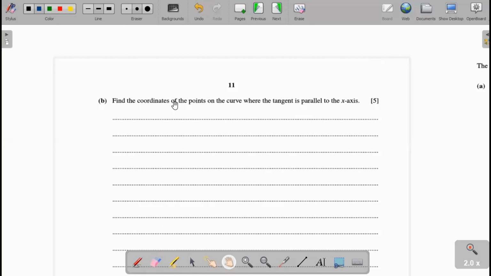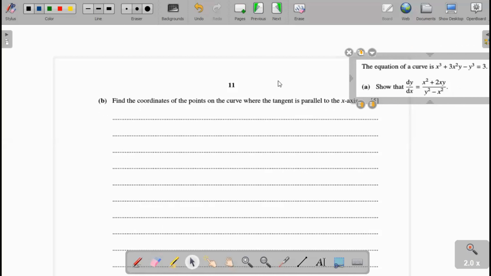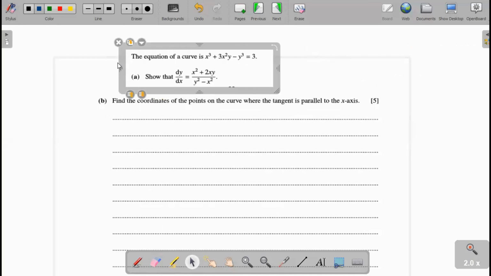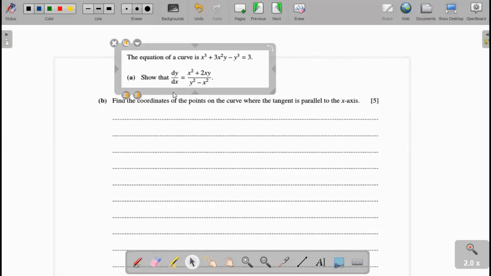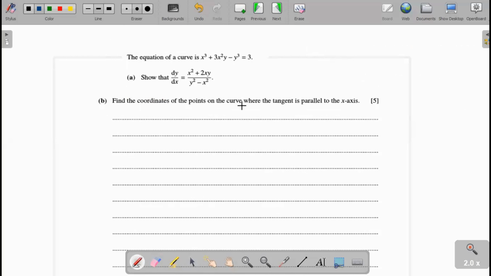Now part B: find the coordinates of the points on the curve where the tangent is parallel to the x-axis. The equation of the curve is already given, and the derivative we already found: dy/dx equals (x squared plus 2xy) over (y squared minus x squared).